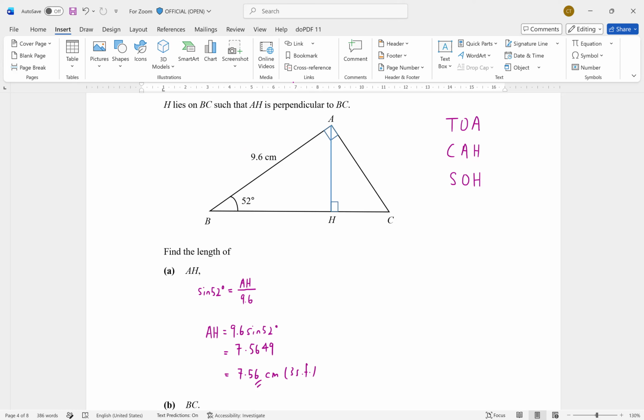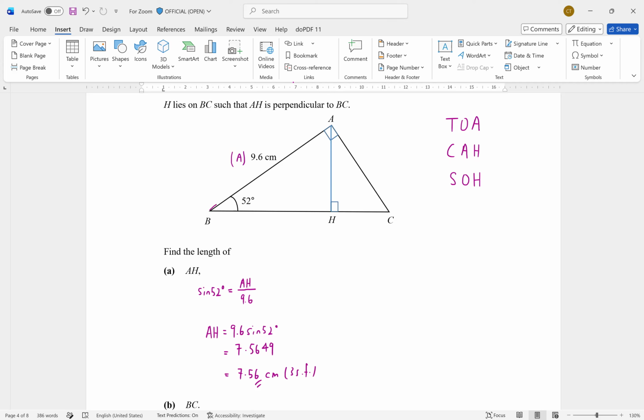So you need to shift your focus to triangle ABC. Same thing, we have our angle 52 degrees here. We have 9.6. But now this 9.6 is no longer the hypotenuse. If you focus on the big triangle, and the angle that we are interested in is the 52, this 9.6 actually becomes the A already.